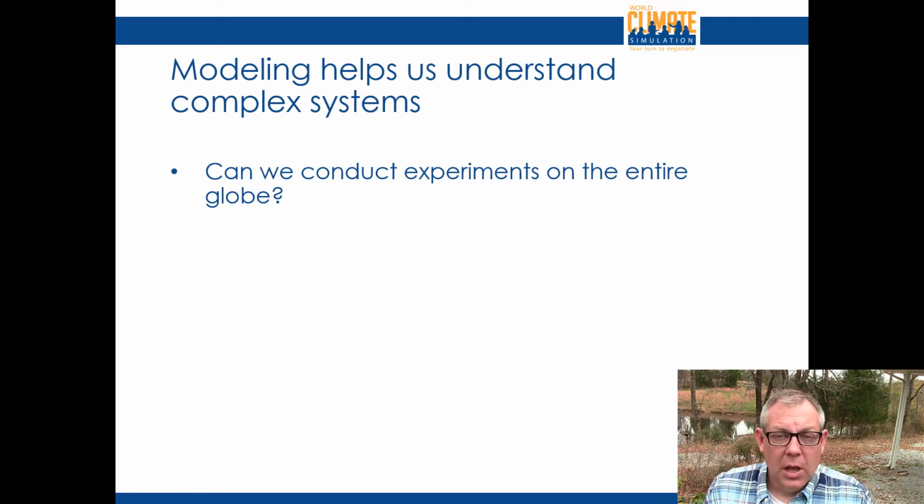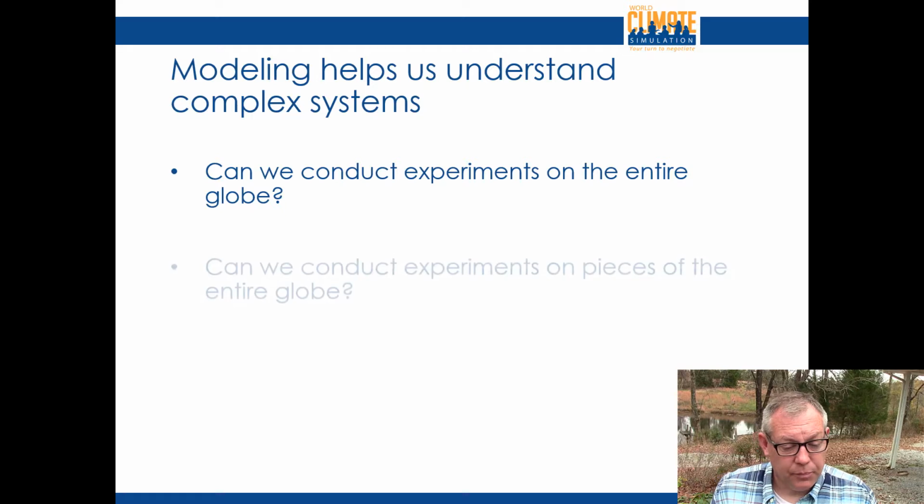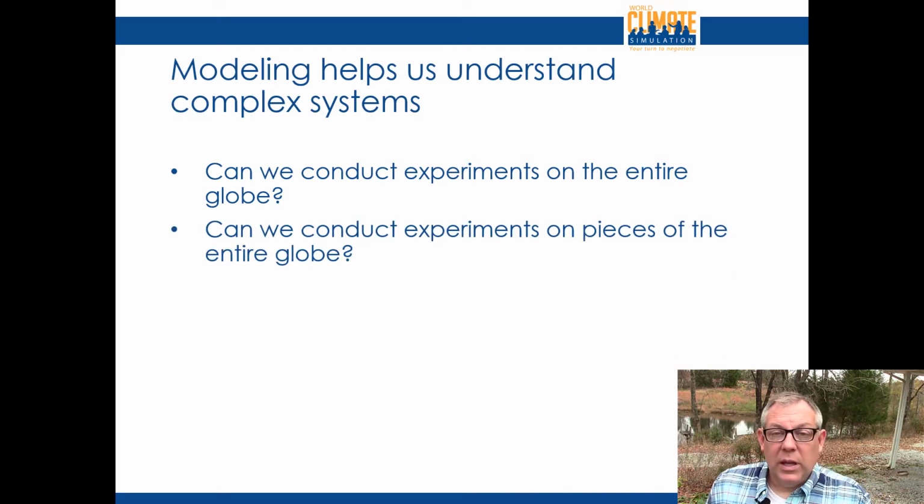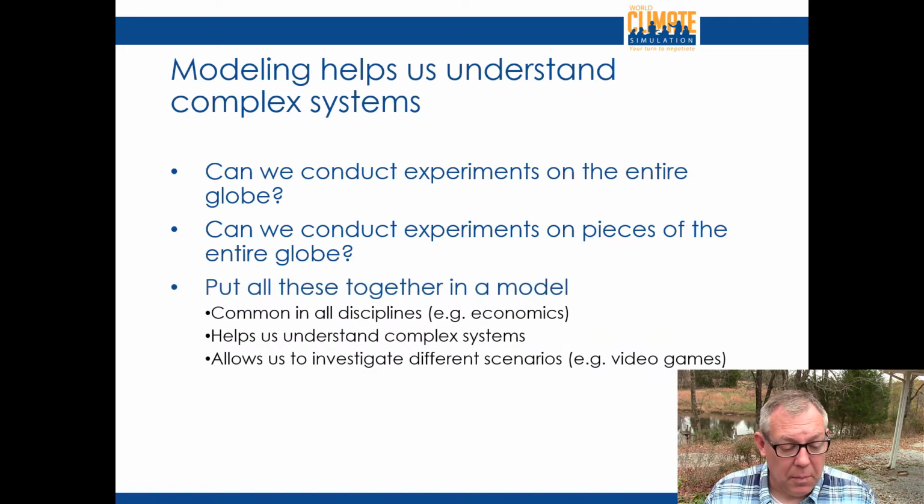That's not possible. So our only source is to try to take things that we know and construct models and see what the models tell us. We can conduct experiments on pieces, at smaller levels, and then we can see what happens when we put them all together. That's about the best we can do, and that would be a model.